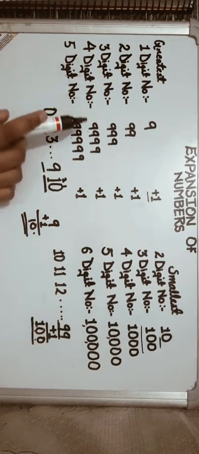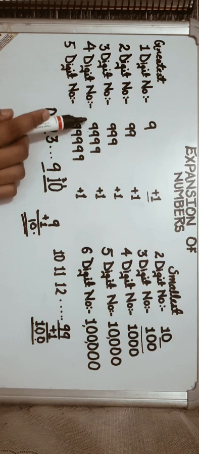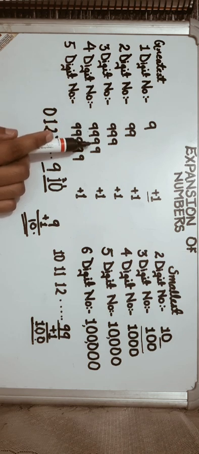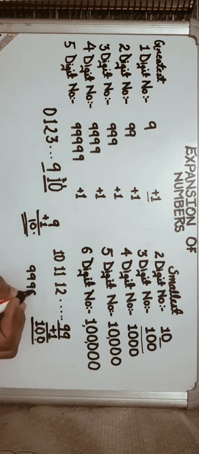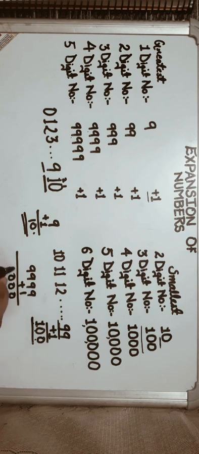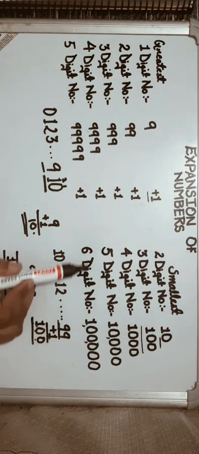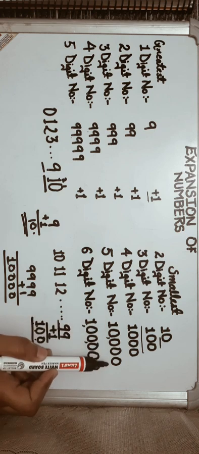In the same manner, the greatest 4 digit number is 9,999. Let's add 1 to it. You get 10,000. So the smallest 5 digit number becomes 10,000.